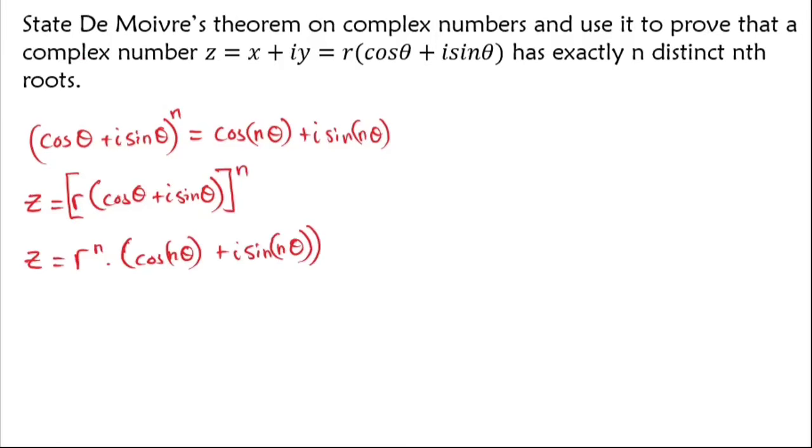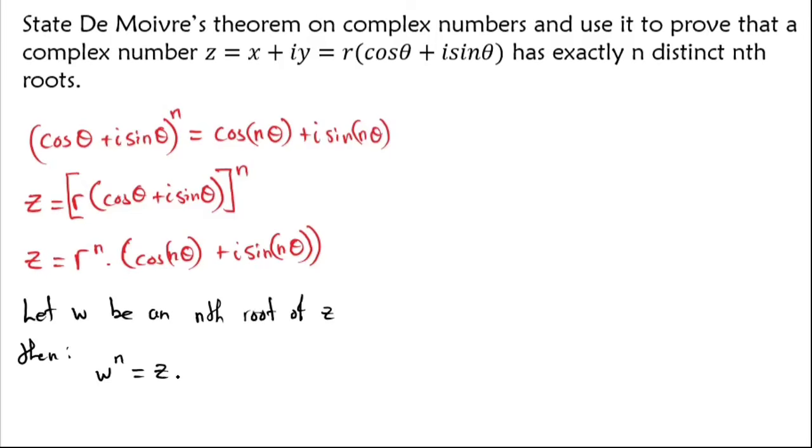Now, to prove the complex number has exactly n distinct roots, we're going to say let w be an nth root of z. So this means that w raised to the power n is equal to z.